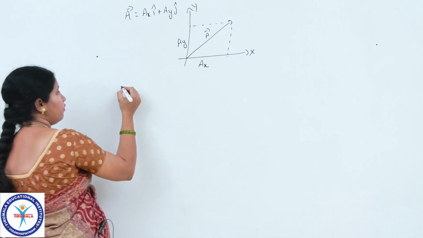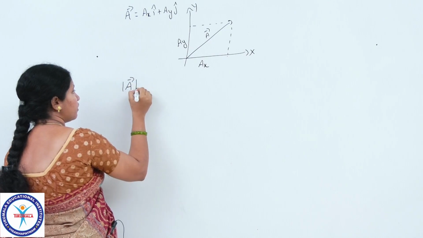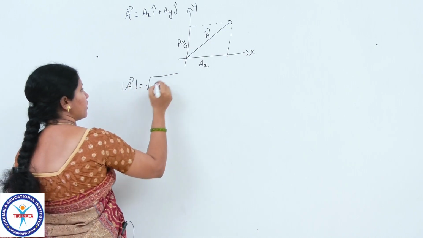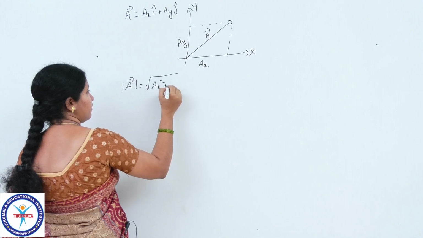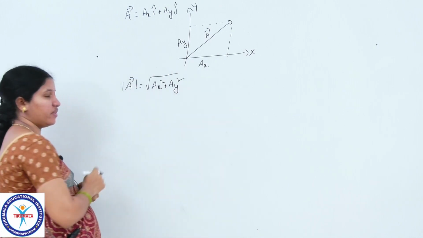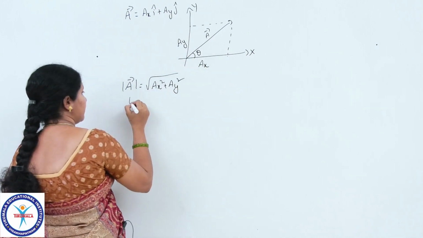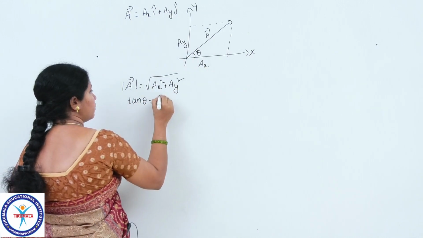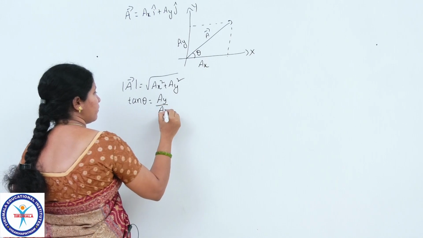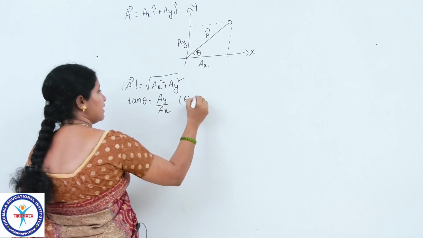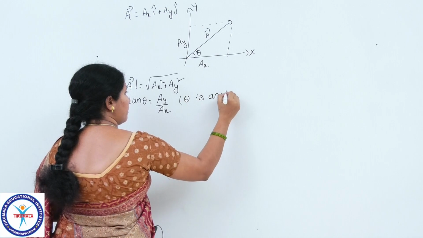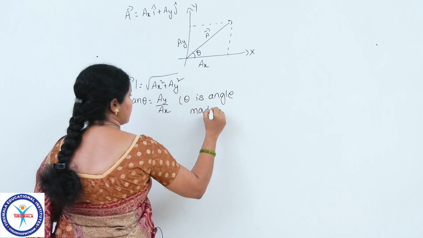So, if you want to find the magnitude, mod A bar equals square root of Ax square plus Ay square, and the angle made is given by tan theta is equal to Ay by Ax, where theta is the angle made with x axis.